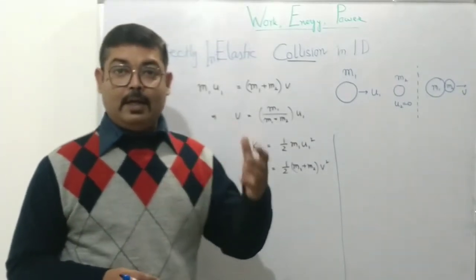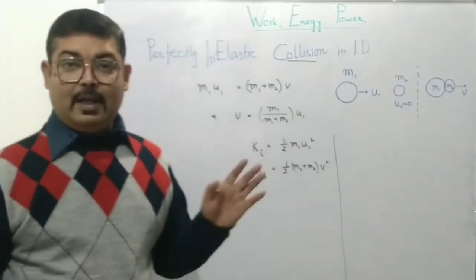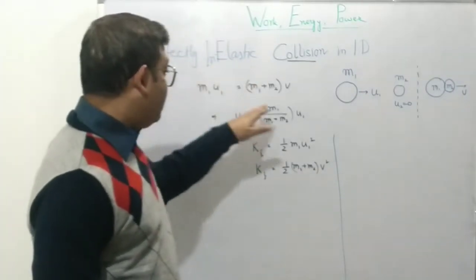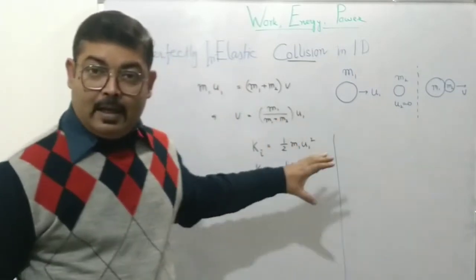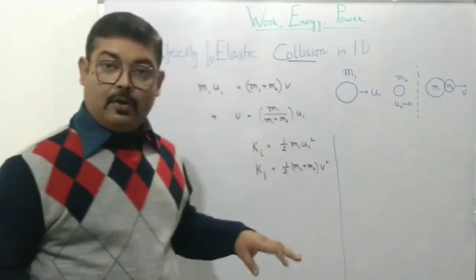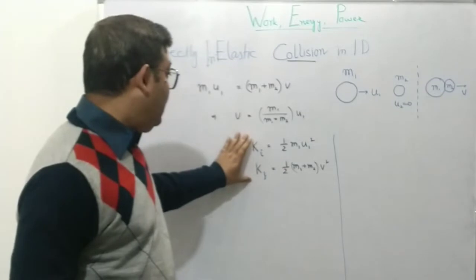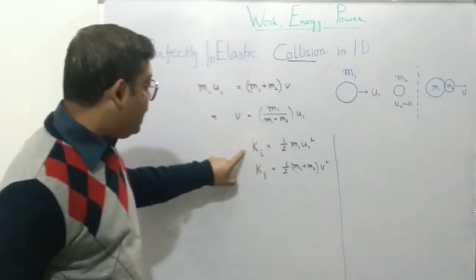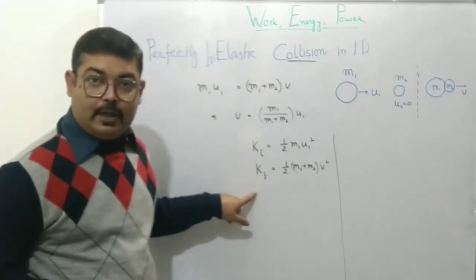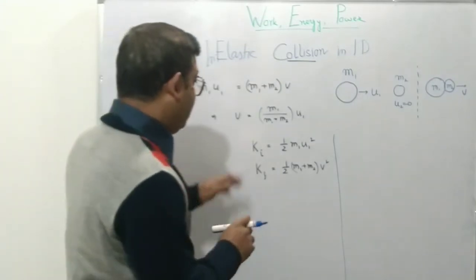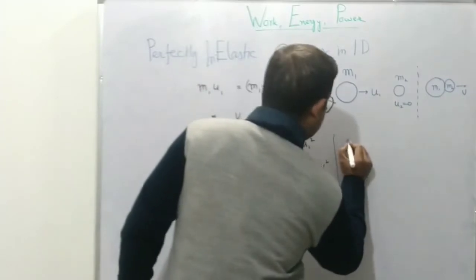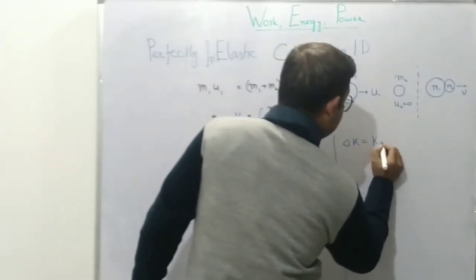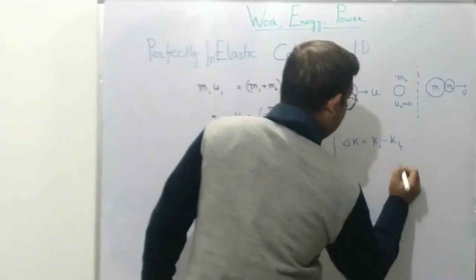In other words, mechanical energy gets converted to other forms of energy like heat, sound, etc. So if it's an inelastic collision, the kinetic energy, being a part of mechanical energy, is not conserved. If it were conserved, then initial kinetic energy must be equal to final kinetic energy. So let us see the difference between these two kinetic energies, that is to say, delta K, which is equal to K initial minus K final.